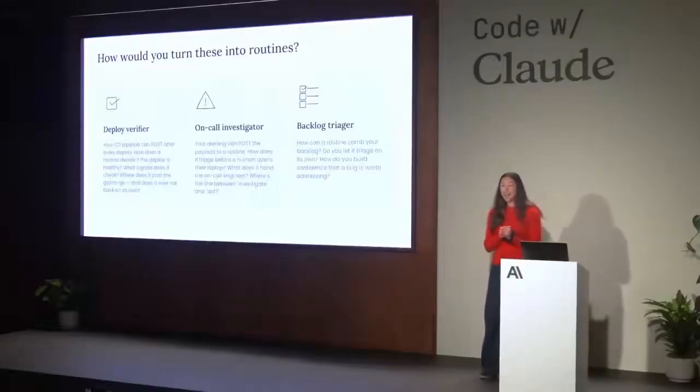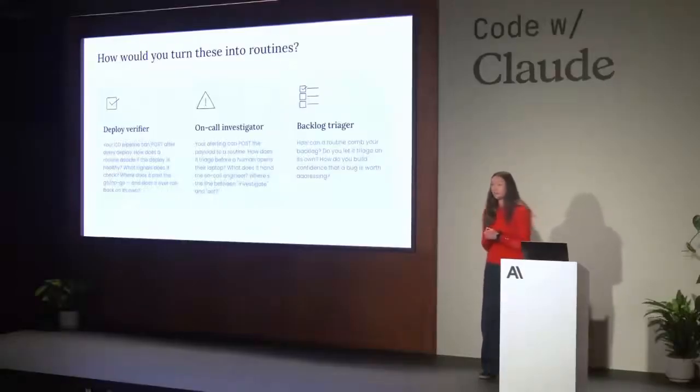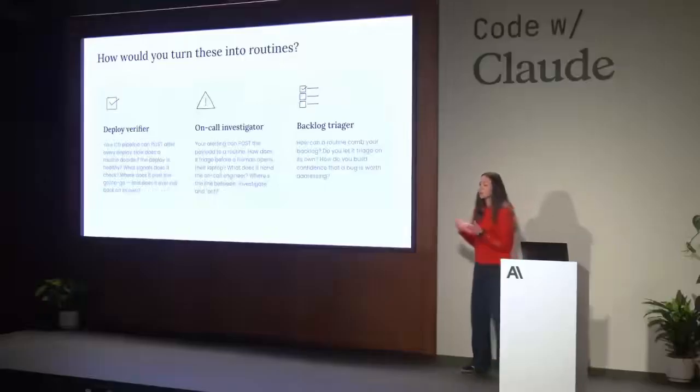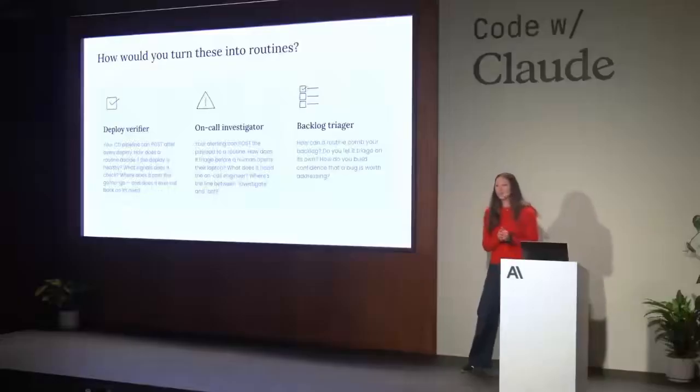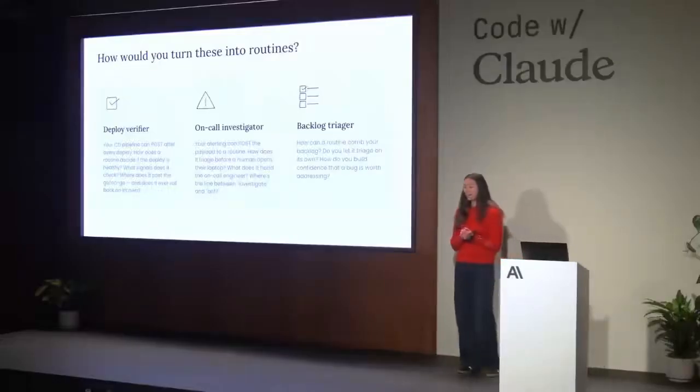Maybe eventually, as I watch Claude work more and more and trust its decisions, I can let Claude roll back the change itself, based on the monitoring data it has access to, if I deem that that's the right decision. There are other challenges, like maybe you want to build an on-call investigator, or maybe you're actually a PM and your job is to go through a lot of issues inside of your backlog.